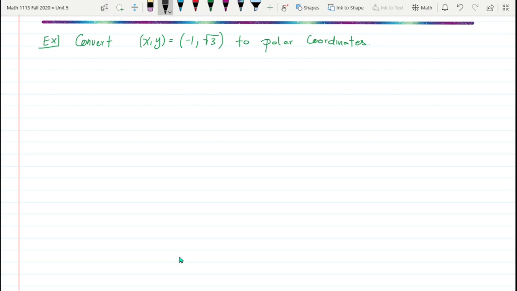So if we plot this point, here's x and here's y, and so if I go negative 1 and then upwards some distance here, something like that.